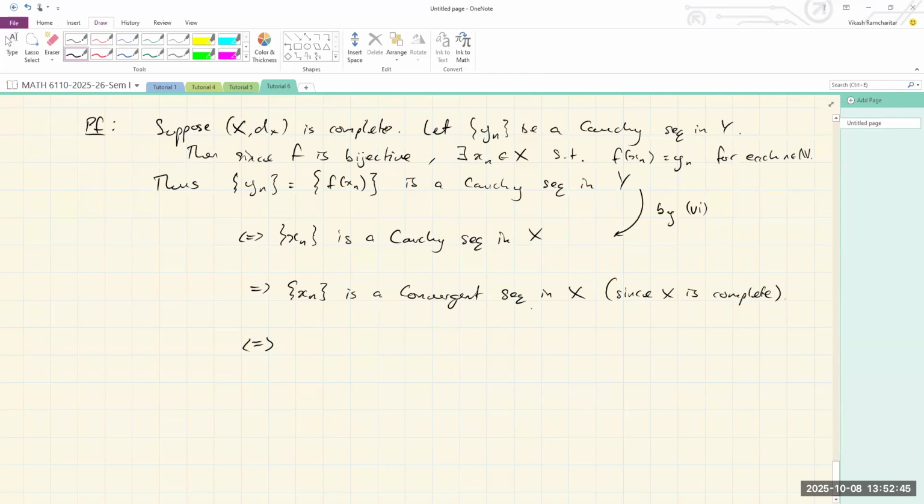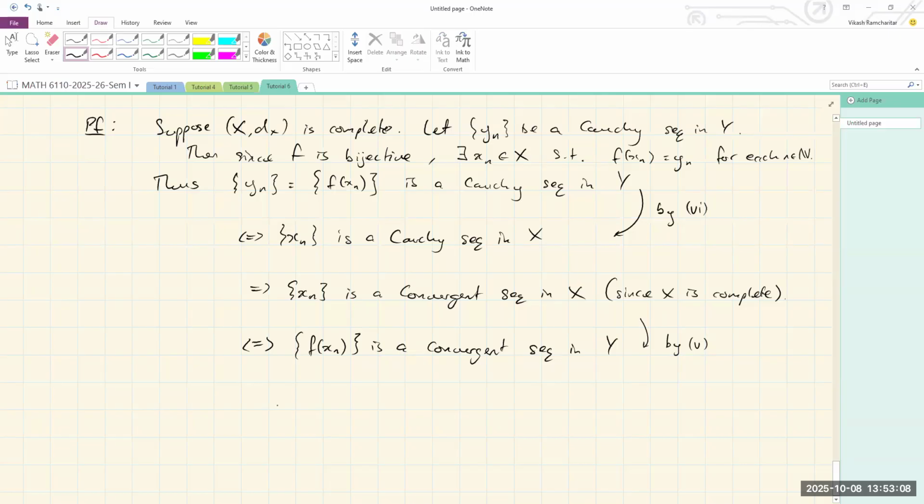So since x_n is a convergent sequence in X, f of x_n is a convergent sequence in Y. Why is that? By 5, because f takes convergent sequences to convergent sequences.